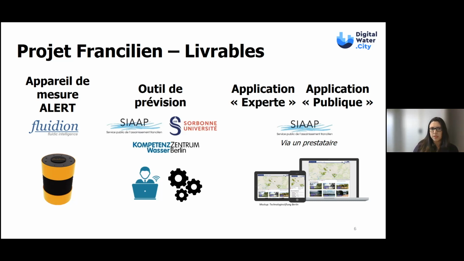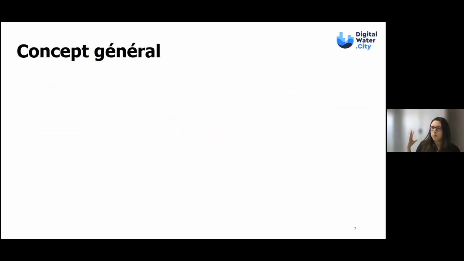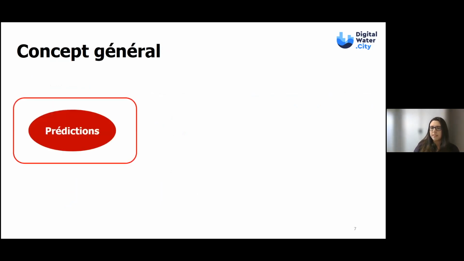And to understand how all these will be assembled and how this will work together, there is the following general concept. Well, there is the prediction concept of the bathing quality that will develop a forecast of quality.